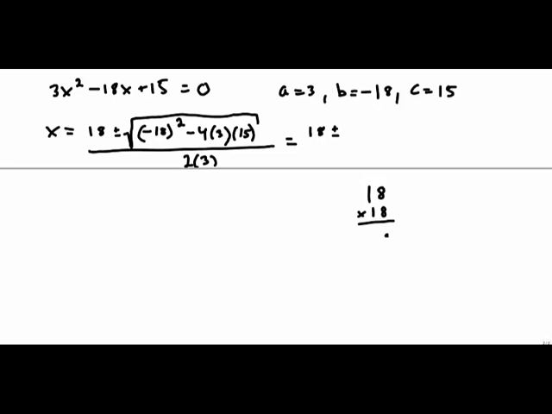It's going to be positive anyway. 8 times 8, 64, carry 6, 1 times 8 is 8, plus 6 is 14. 1 times 8 is 8, 1 times 1 is 1. 4 plus 8 is 12, carry 1, 1 plus 1 plus 1, 3. 324.